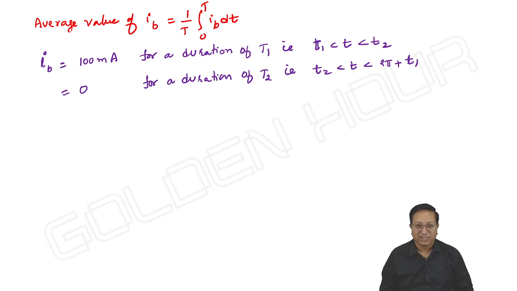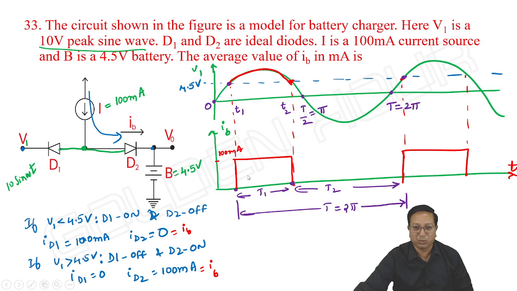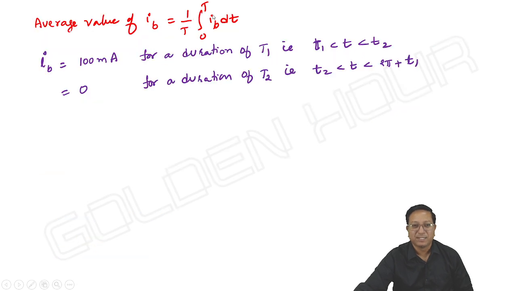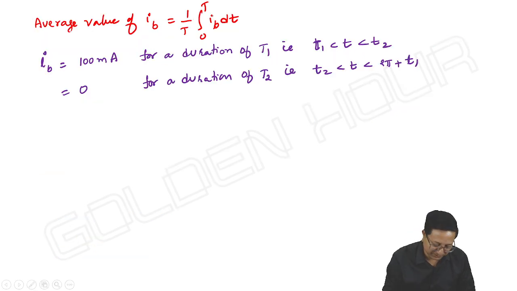Right. What about the average value? Average value means as it has a proper shape, I can write area under the curve divided by its period. Okay, so what is the meaning of it? This portion gives us the area, and area by time period gives us the average value.